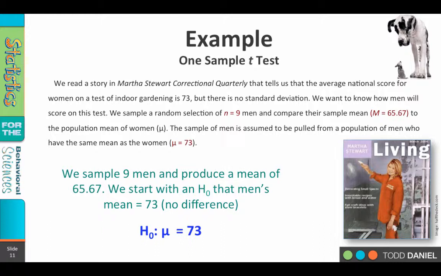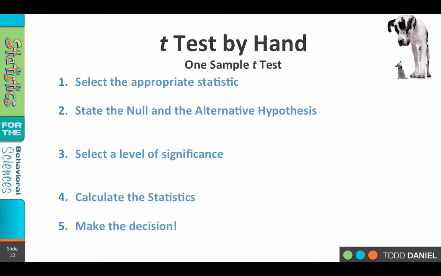So we sample 9 men, we get a sample mean of 65.67, and we start with a null hypothesis that the men's mean is the same as the women's mean, 73, or that there is no difference, mu equals 73. And so let's work through our 5 steps of hypothesis testing to make sure that we've covered each one.